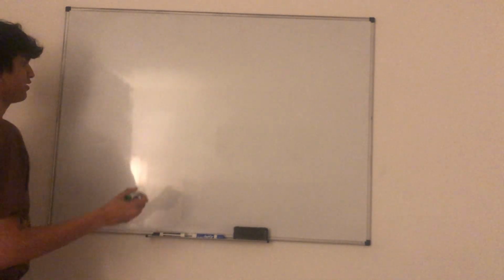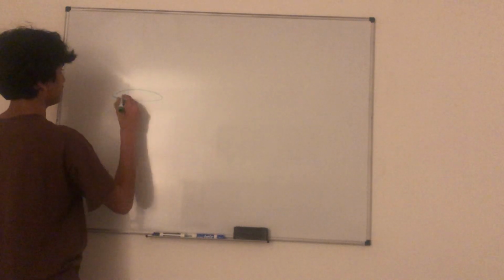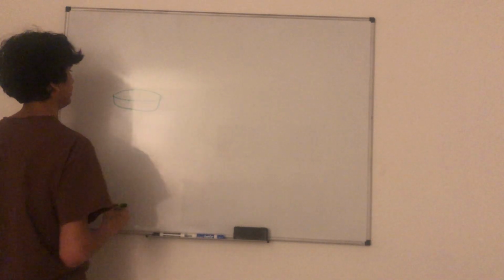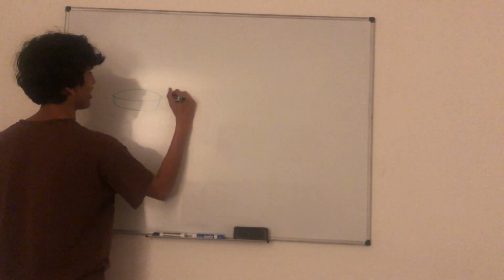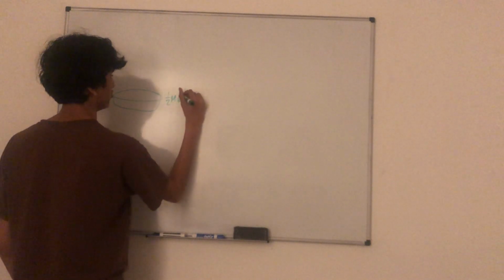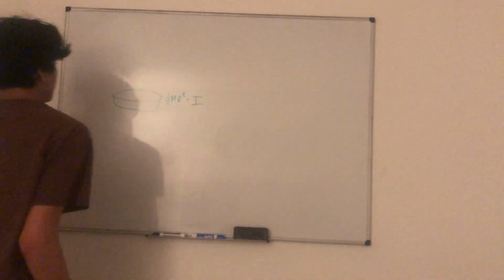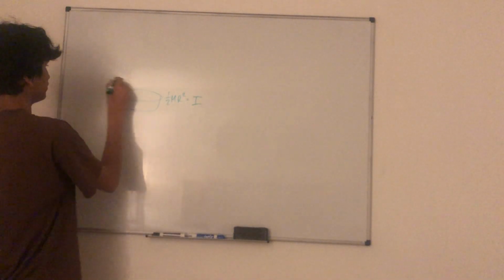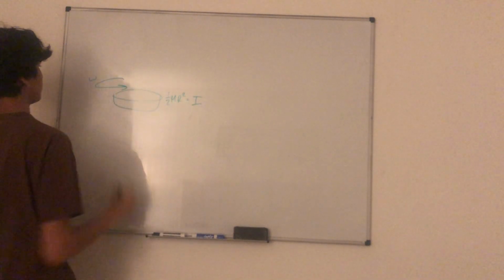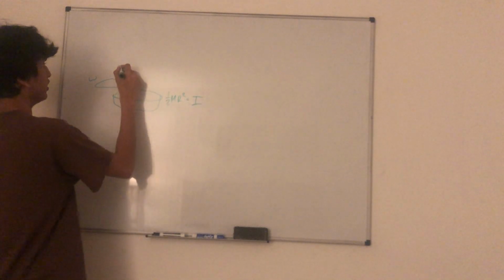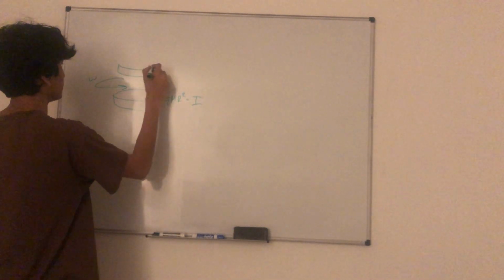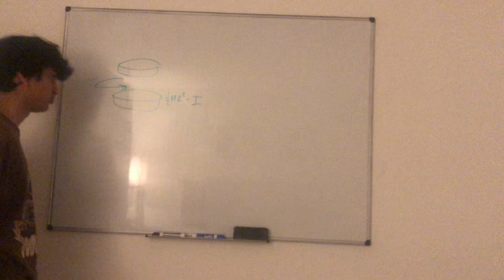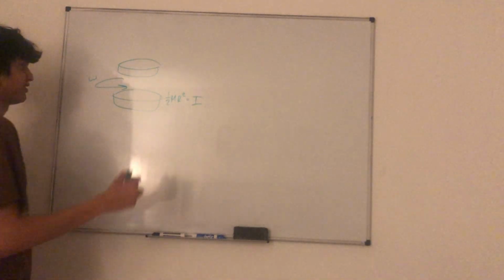Let's say we have a disk, and it has a mass m and a radius r, and it's 1/2 mr squared for its rotational inertia. It's initially spinning with a certain angular velocity, and we're going to drop on a disk that is initially at rest, not spinning, with 4 times the mass.